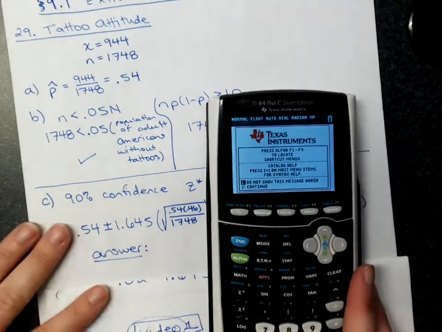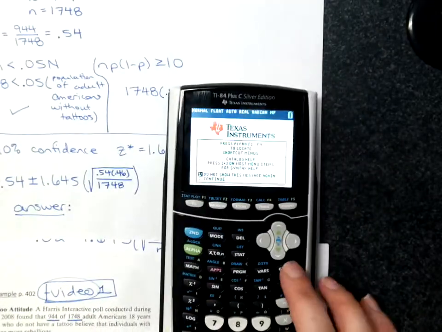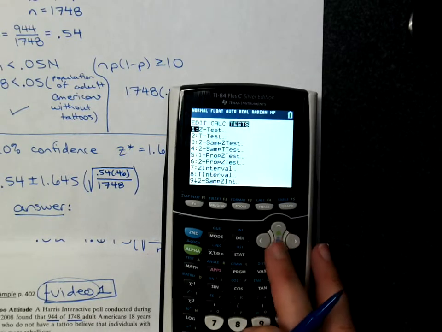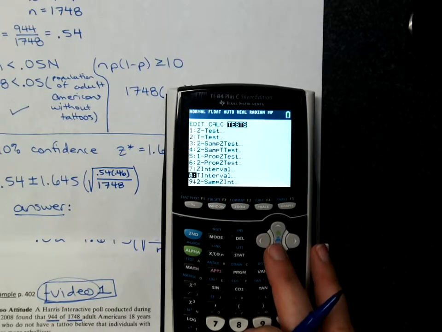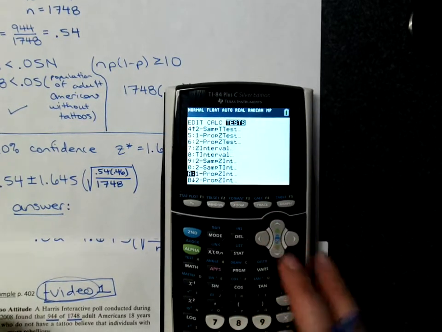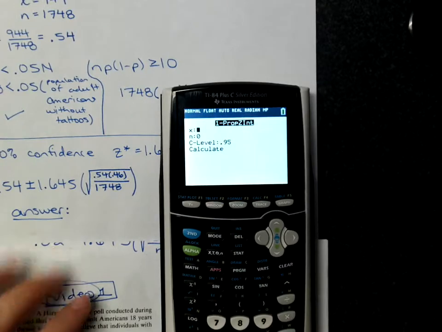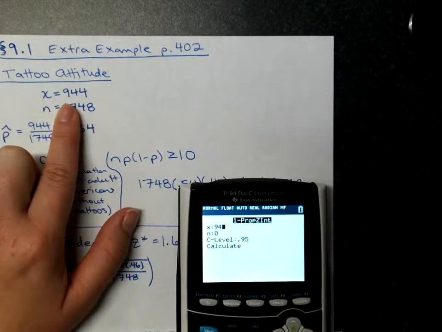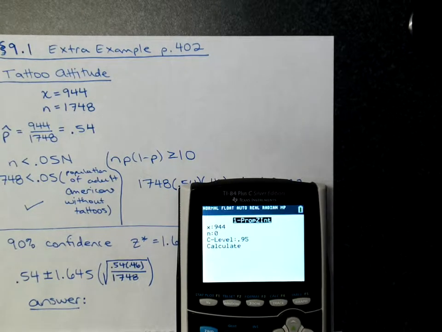Here is what we're going to do. In your calculator, clear that out, stat, over to test, down, down, down to 1 proportion Z interval. Hit enter. You put in your X value, which we figured out up here is 944. We put in our N, 1748.